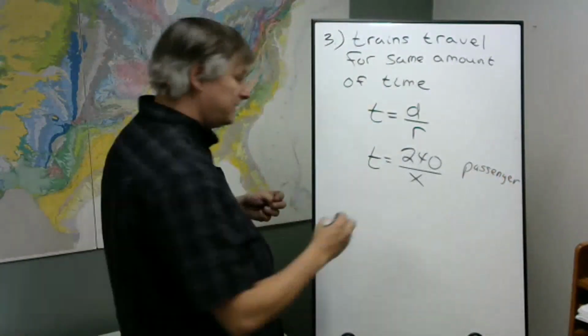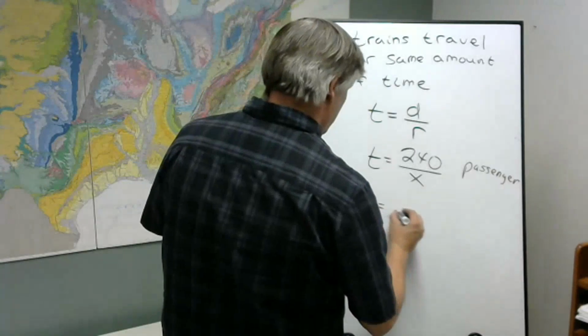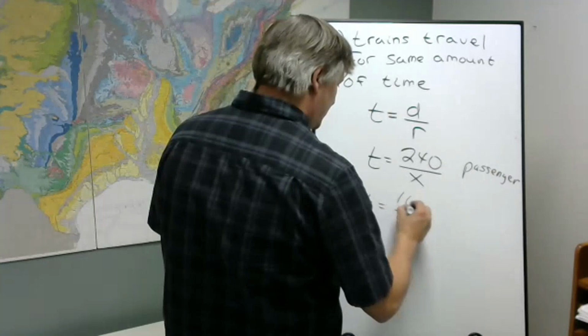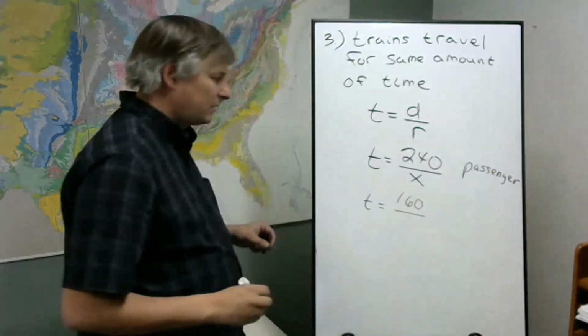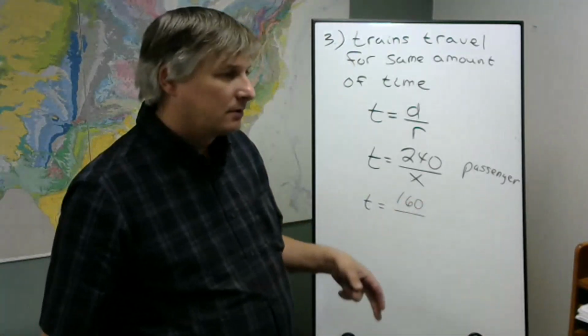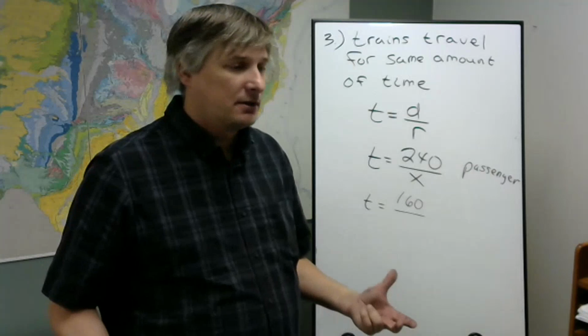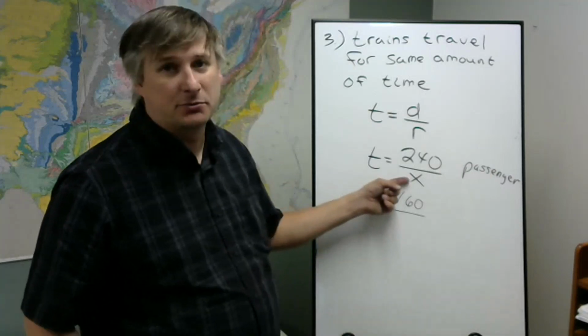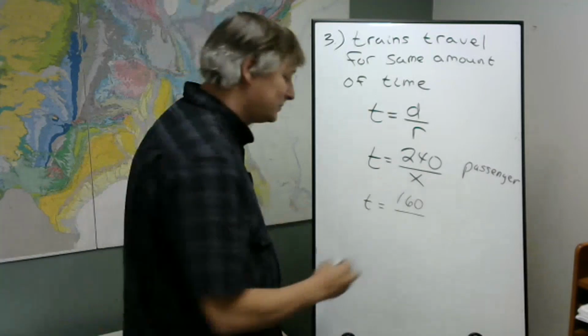Now for the freight, same time, but only travels 160. But what's the rate? Well, we're told that the rate is 20 miles per hour slower than the passenger train's rate, or that's x minus 20.